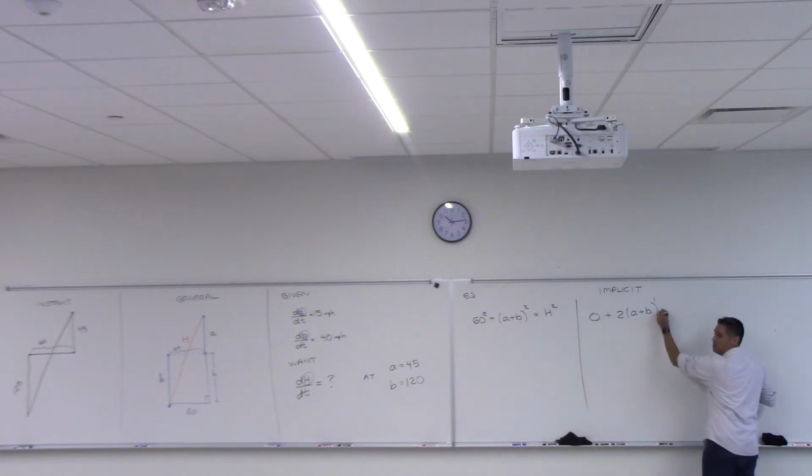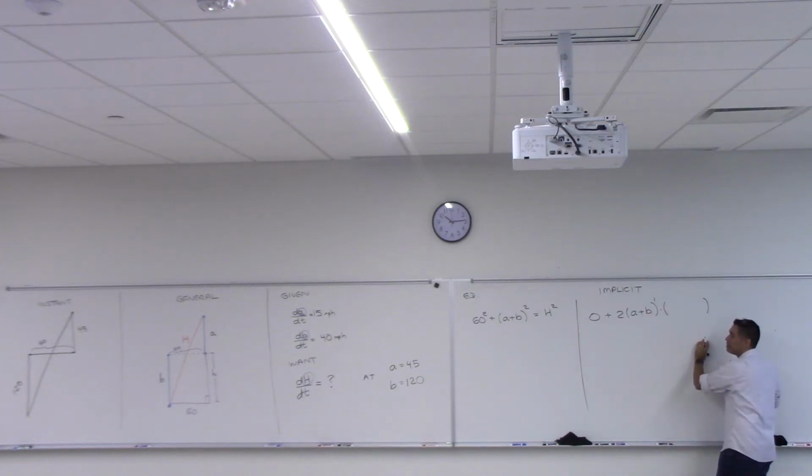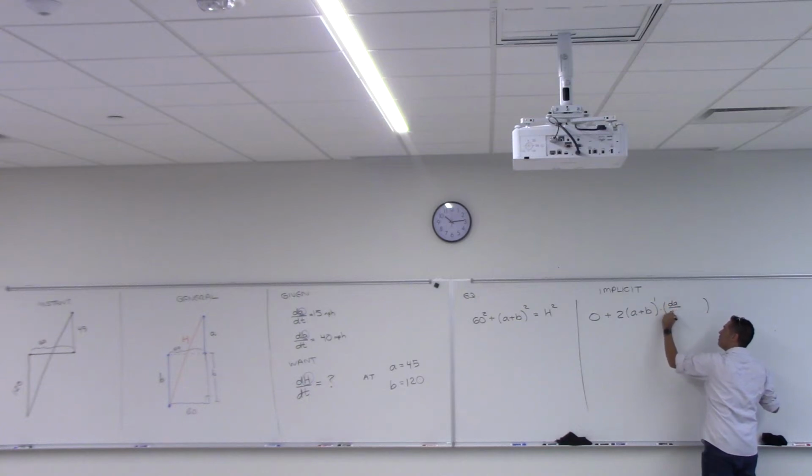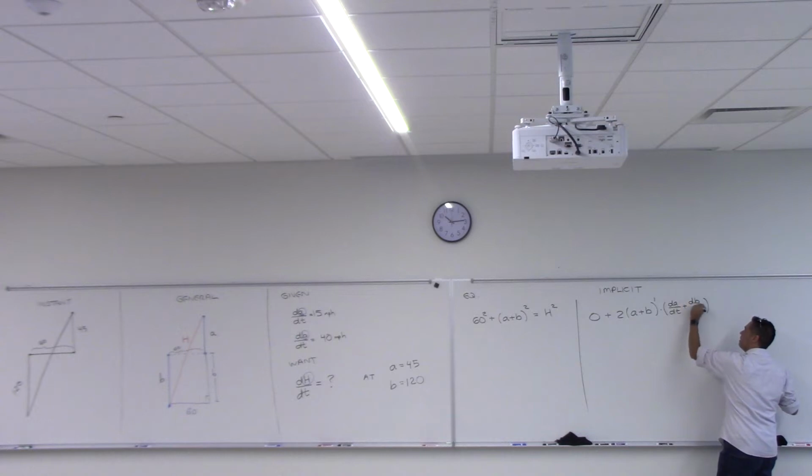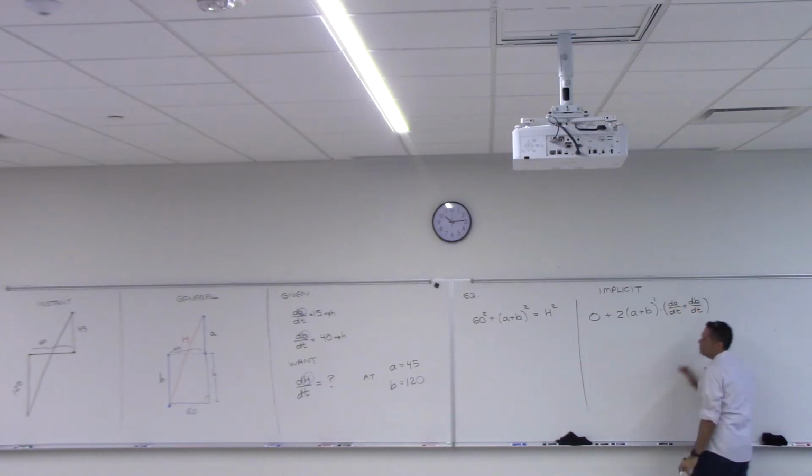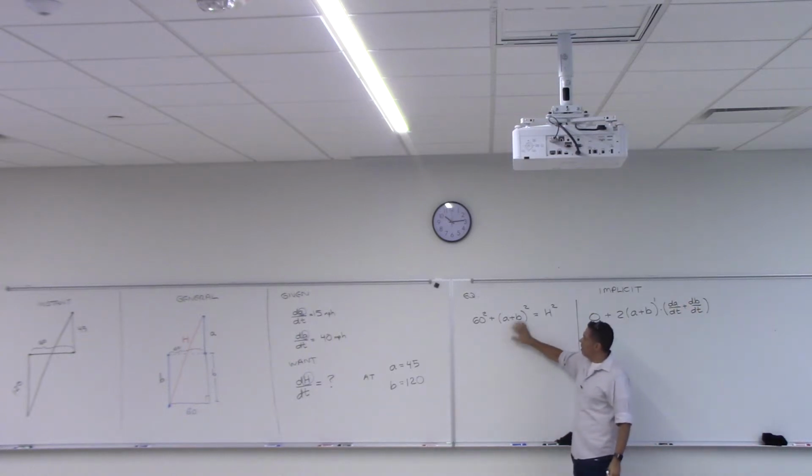And that's being multiplied here, right? And there's going to be 2 terms when I do this differentiation, so I better put it in parentheses. What's the derivative of the first one? dA/dt. Plus the derivative of the second one? dB/dt. Are we done with the differentiation on this one? Yes, we're done, right? 2 came out, that to the first power, the derivative of what was inside, got it.